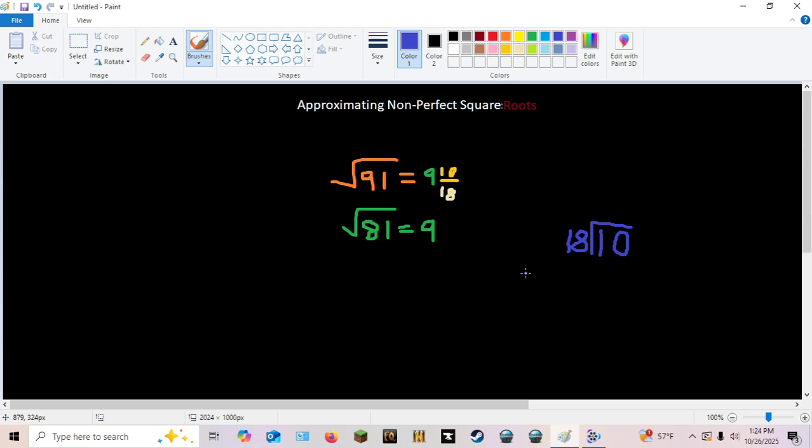Well, 18 doesn't go into 10. It goes into 10 zero times. So we put a decimal over here and add a 0. How many times does 18 go into 100? Let's do 18 times 5 first. 5 times 8 is 40, and 5 times 1 is 5 plus 4, which is 9.